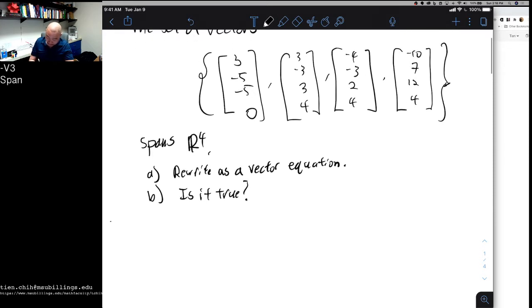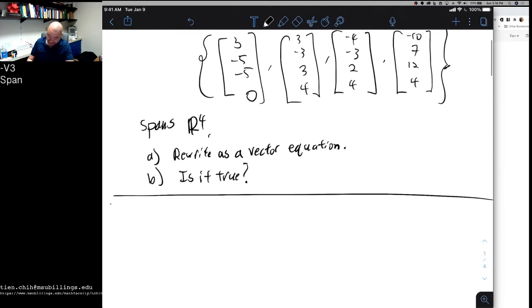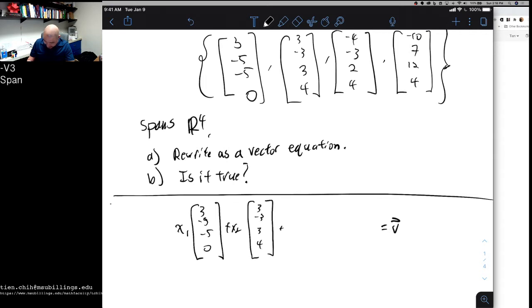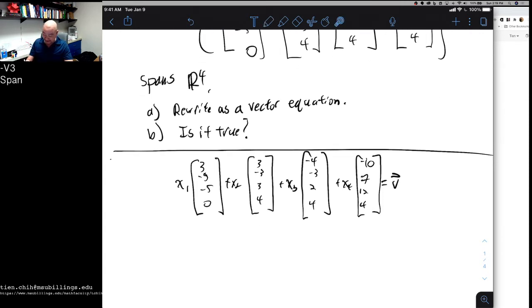And so if we're asking whether or not this spans R4, what we're looking at is, for any vector v, right, any vector that lives in R4, I can somehow find an x1 and an x2 and an x3 and an x4 so that whenever I pick one of these v's, I can find these four corresponding coefficients so that this holds true.